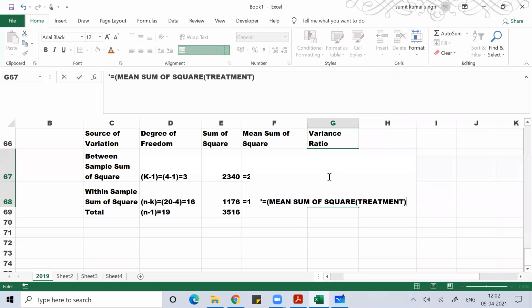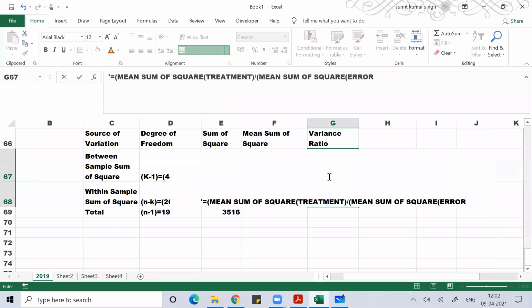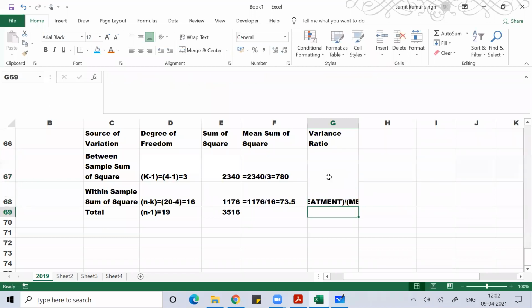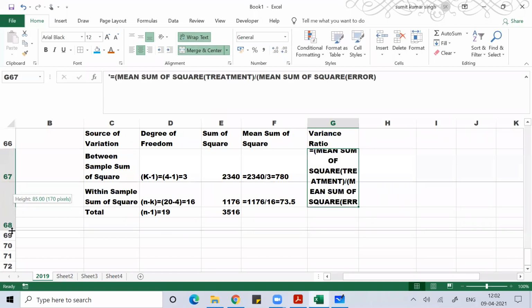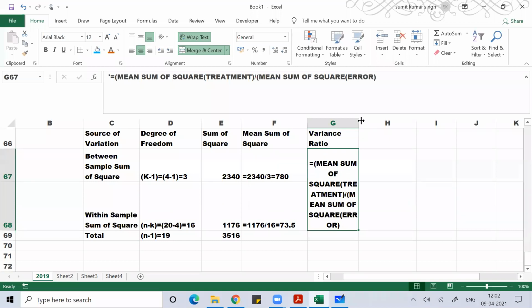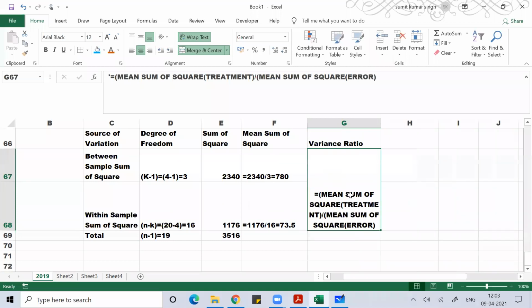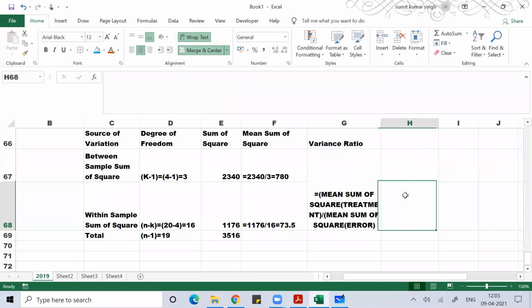This you'll divide by the mean square of error. That is what your variance ratio is.